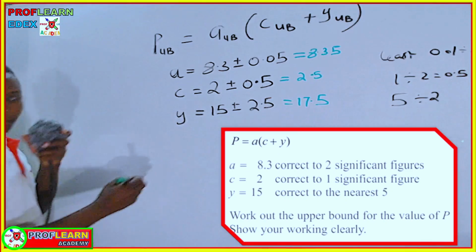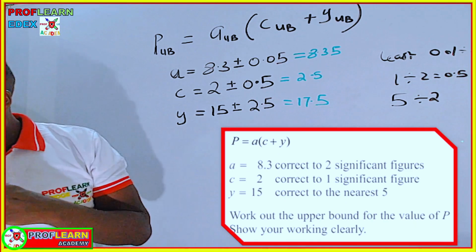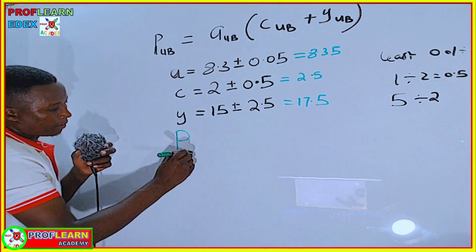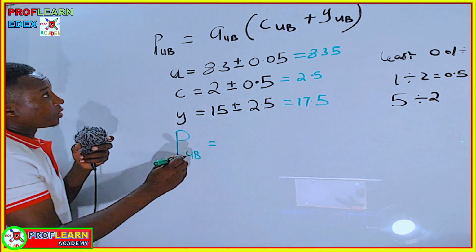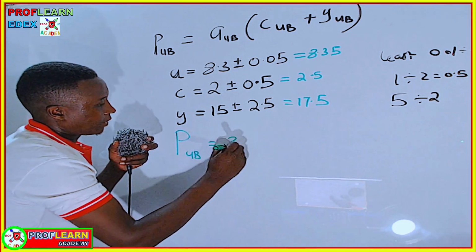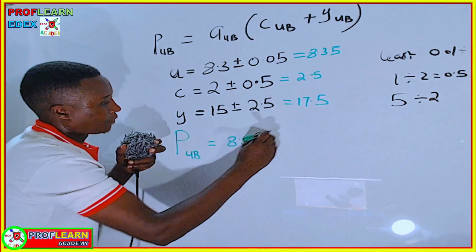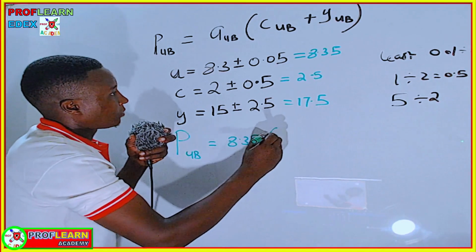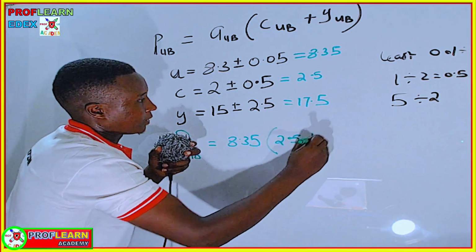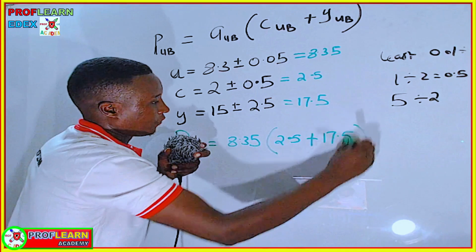So meaning now, for us to find P upper bound, this is going to be equivalent to A upper bound, which is 8.35, into bracket C, which is 2.5, then plus 17.5.